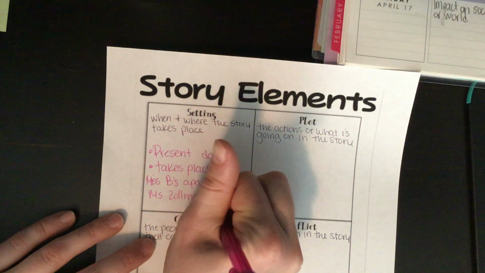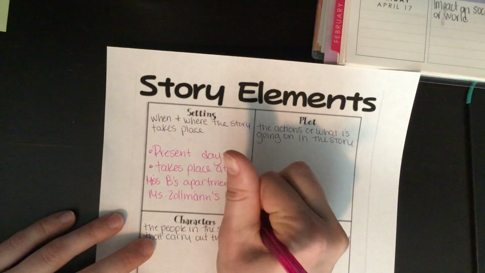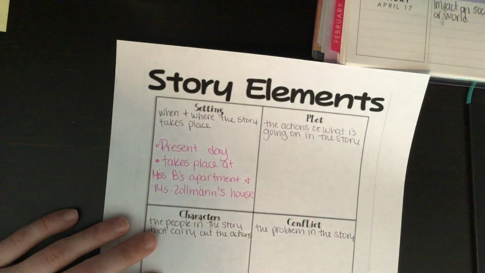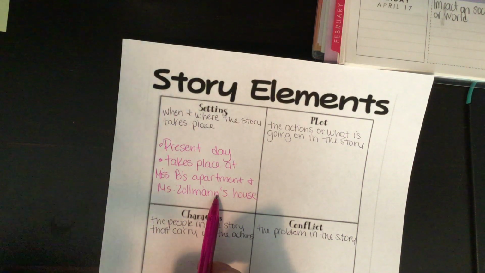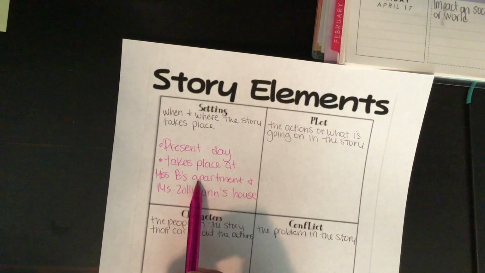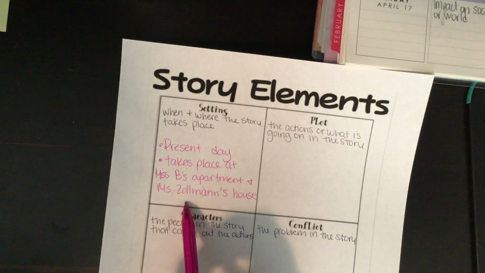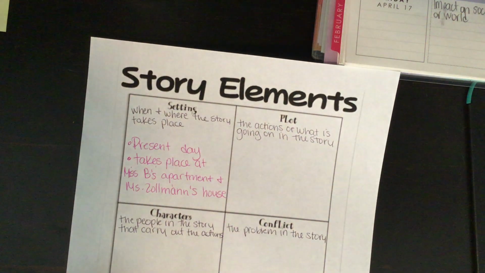Oops, spelled my name wrong. All right, so we have 2 main places. There might be some other places where it kind of takes place just real quick, like outside our house. But for the most part, it's mainly going to take place in both of our, her apartment, my house, where we currently live.